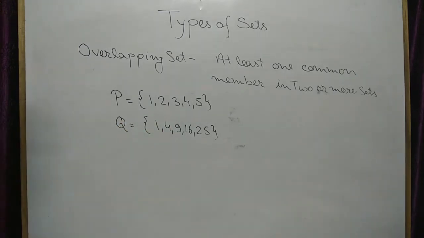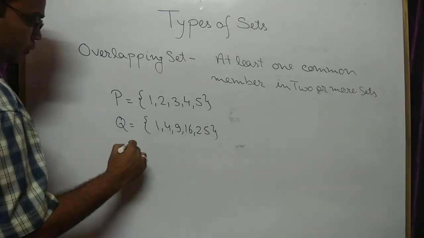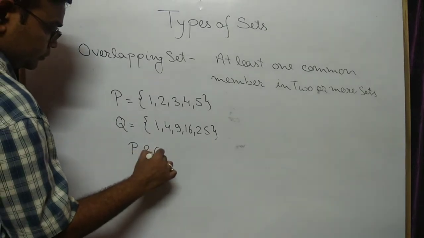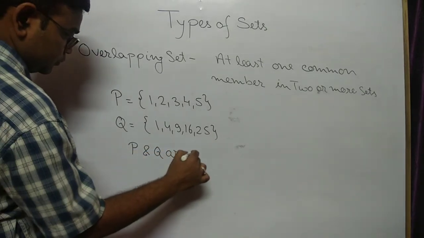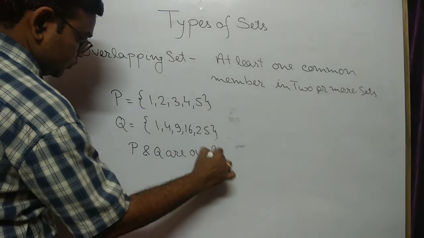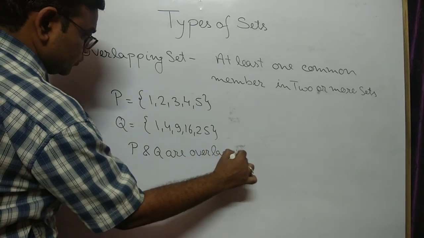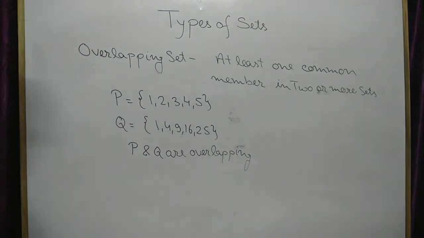So we can say P and Q are overlapping sets because these two are common. Clear? So this is an example of overlapping.